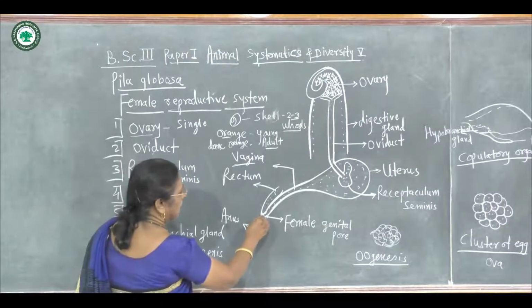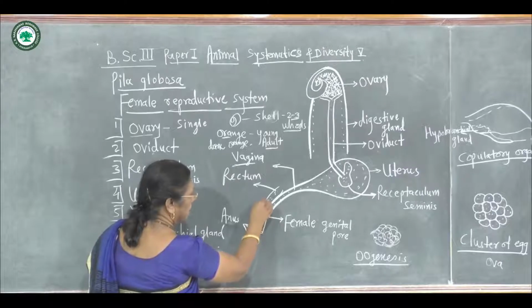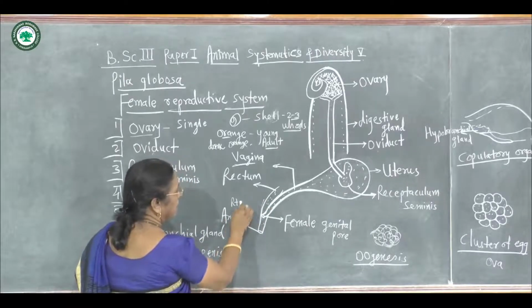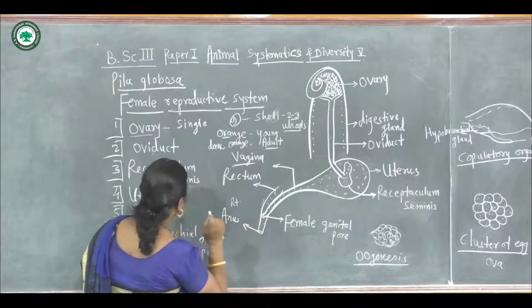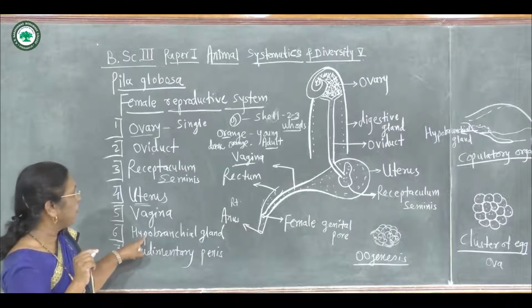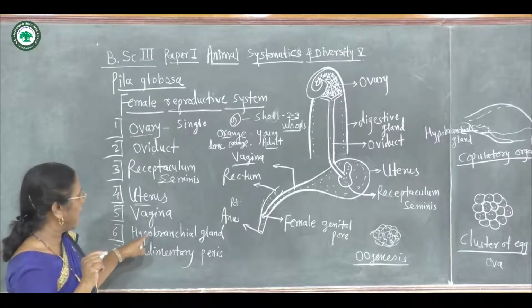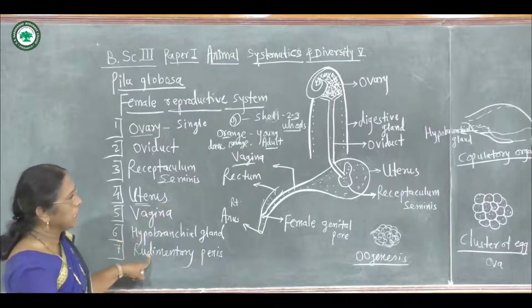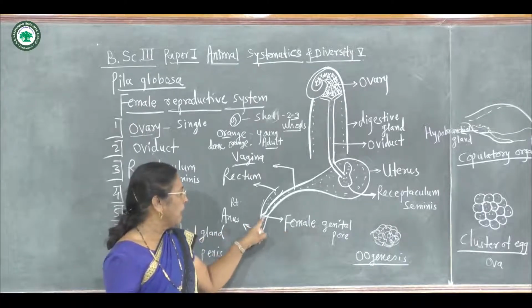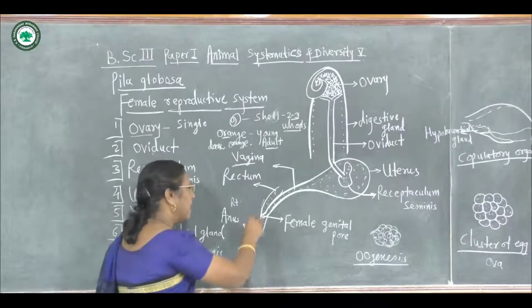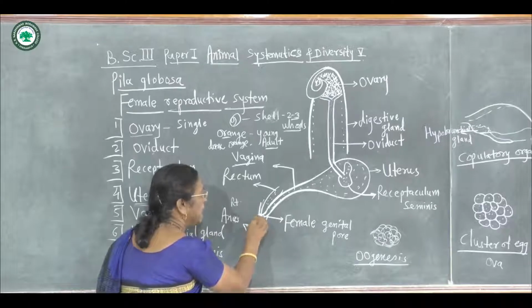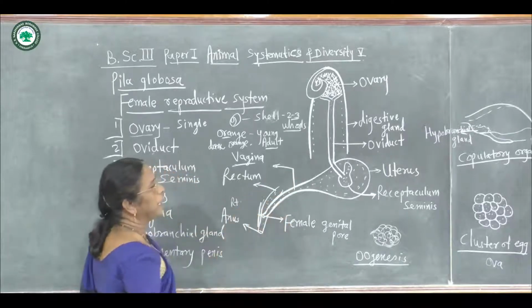Near this female genital pore is the right mantle wall, and here there is the presence of the rudimentary penis and hypobranchial gland. The copulatory organ is present near the female genital pore and is attached to the right mantle wall, along with the hypobranchial gland.